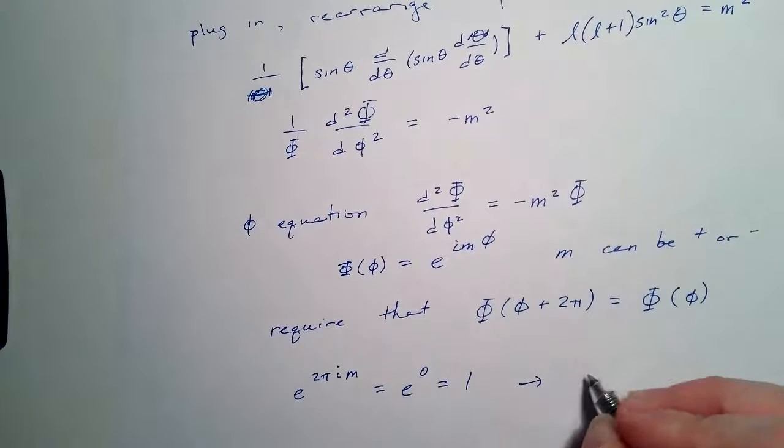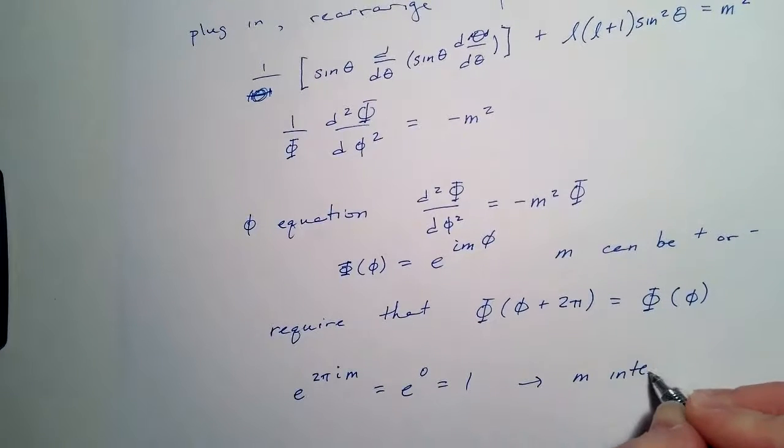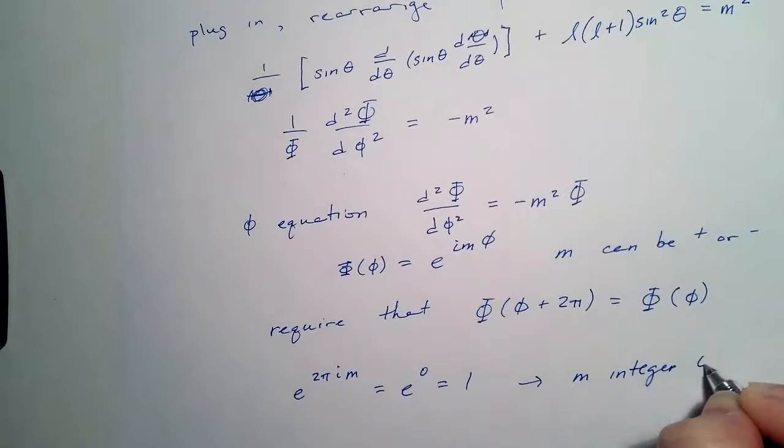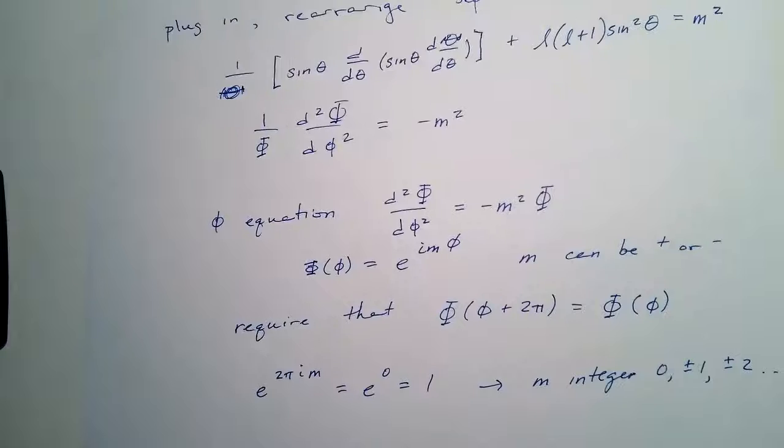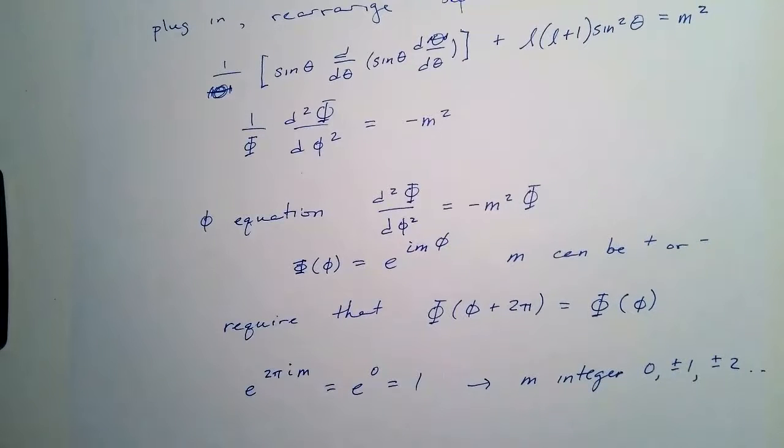And so m has to be an integer: 0, plus or minus 1, plus or minus 2, and so on. m has to be an integer value, and that comes from the requirement of being continuous at the boundary. We can get to this statement from Euler's equation. Okay, so that's our solution to our phi equation.